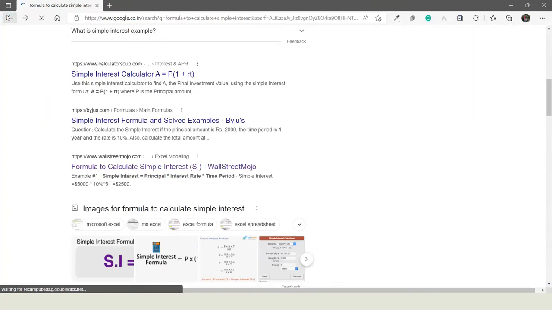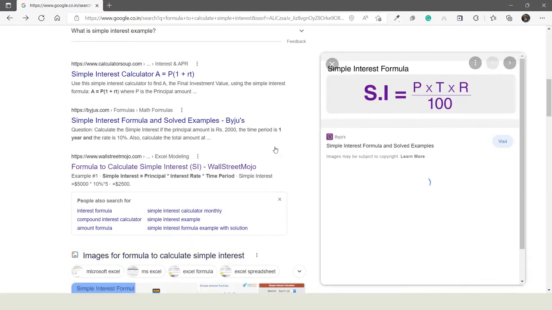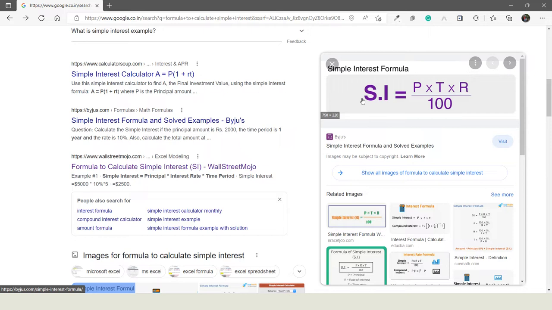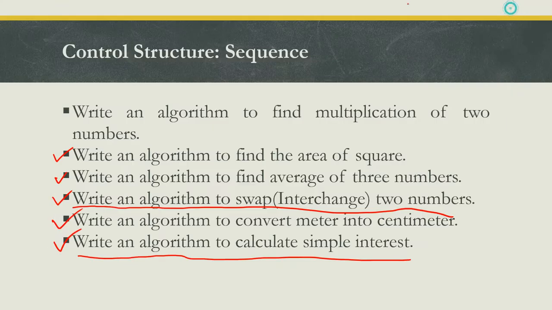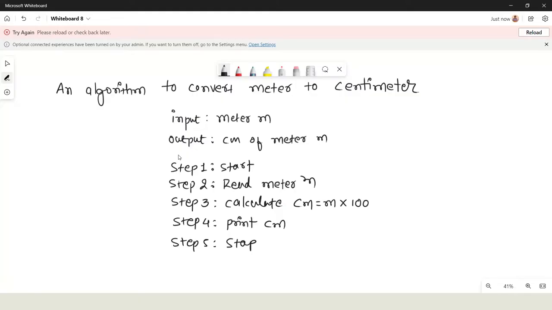Yeah, this one. SI, that is simple interest, is equal to P, which stands for principal amount, T stands for time. Instead of T I will take N, and R stands for rate of interest, divided by 100. Okay, by using this formula you can calculate the simple interest for the given value, given time, and given rate of interest. So let's start writing the solution for this algorithm.